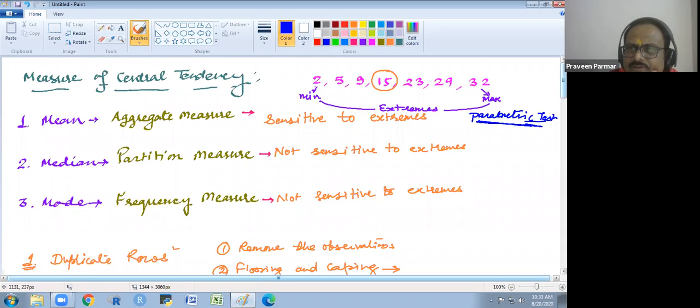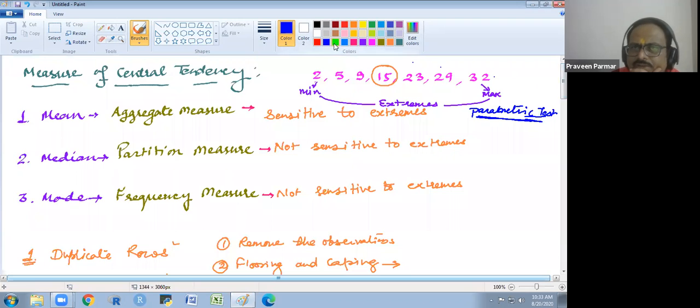Right. Now, one more thing. Mean is always unique for a data set, there will be no two means of a data. Median is also unique.